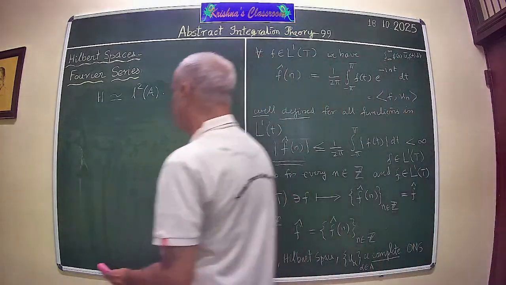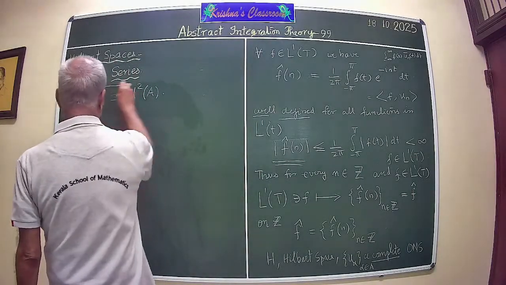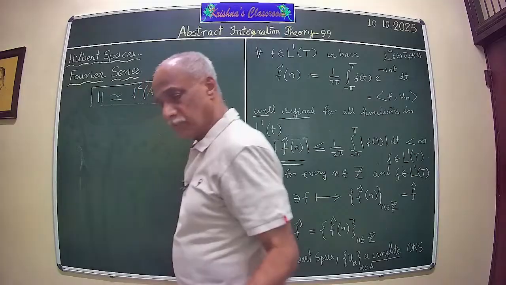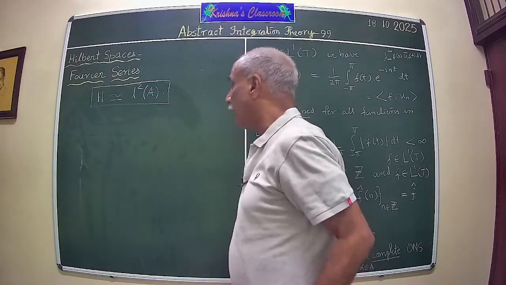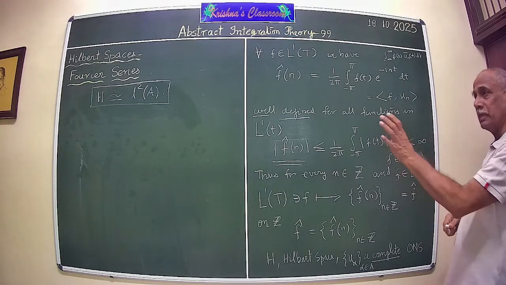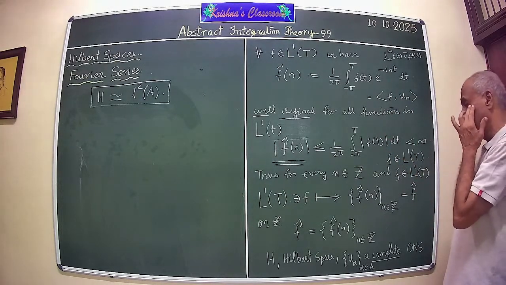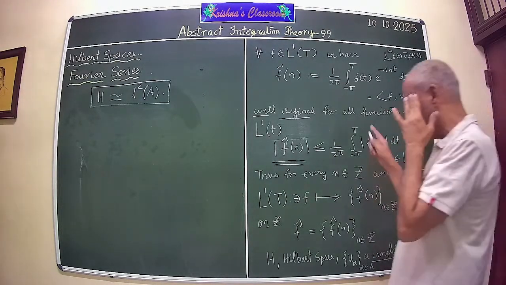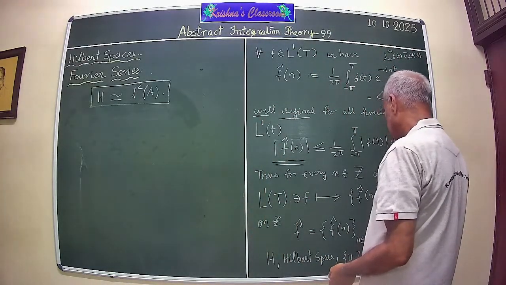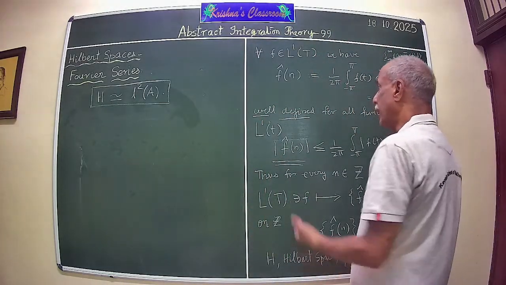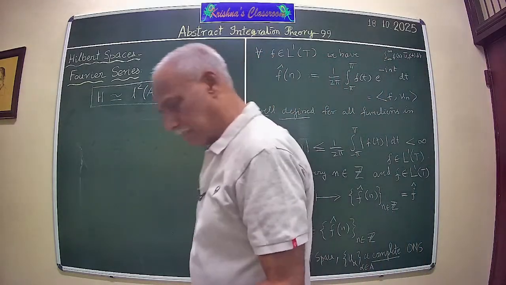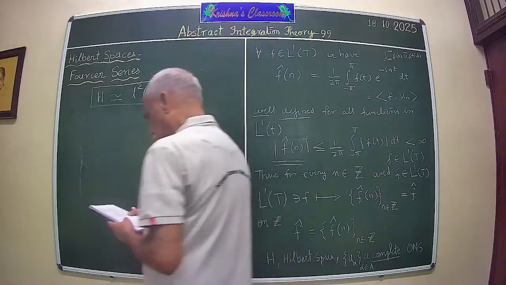Okay, each Hilbert space can be put into isomorphism to L2A for some index set A. This is the central theorem that we have, and this is only a special case of that. Here A turns out to be, in this case, Z, and F turns out to be all L2 functions. Okay.